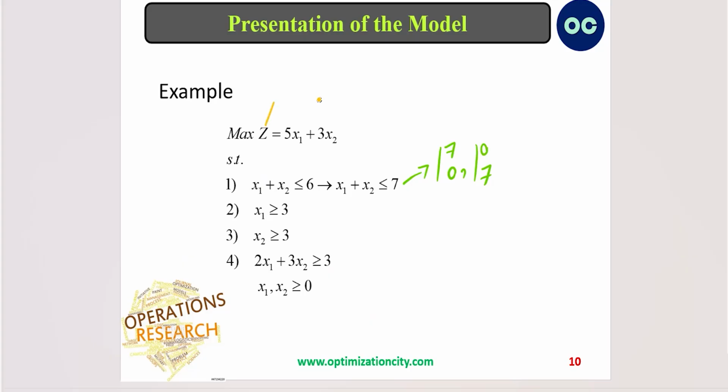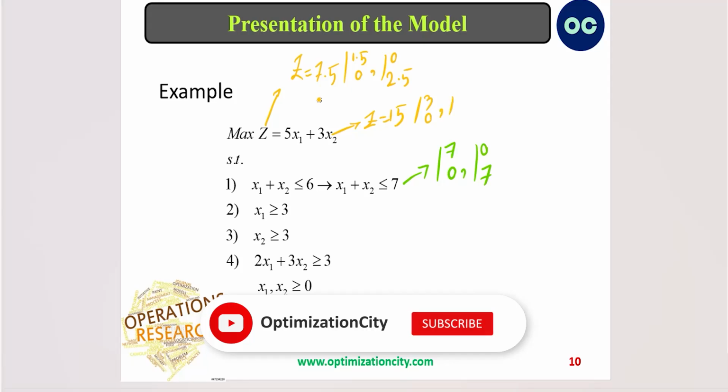Z is equal to 7.5, we have 2 points, 1.5, 0 and 0, 2.5. And if Z is equal to 15, we have 2 points, 3, 0 and 0, 5.